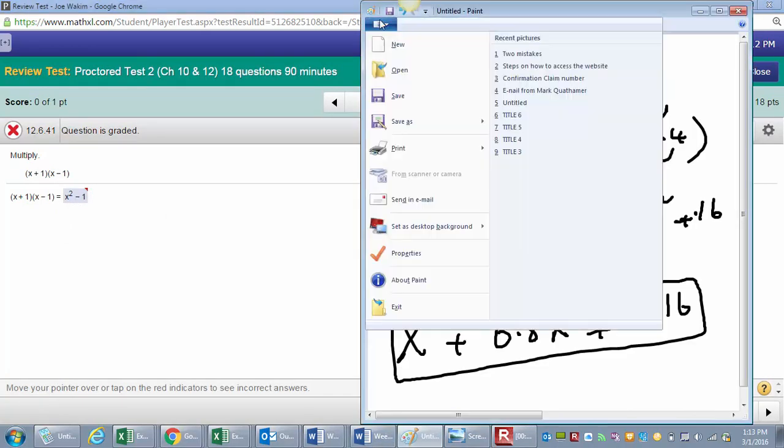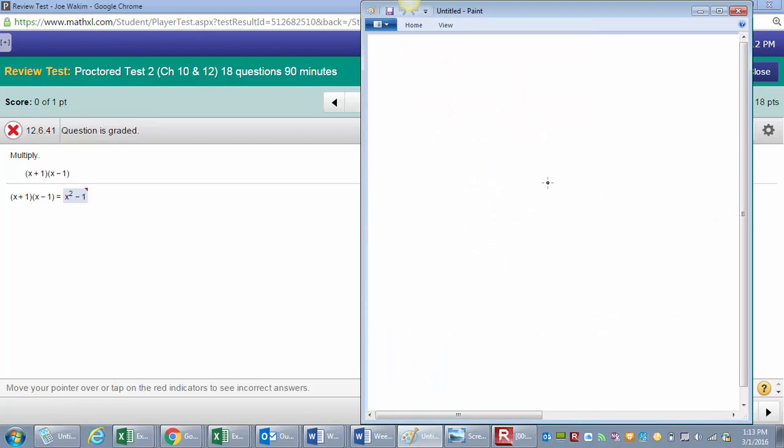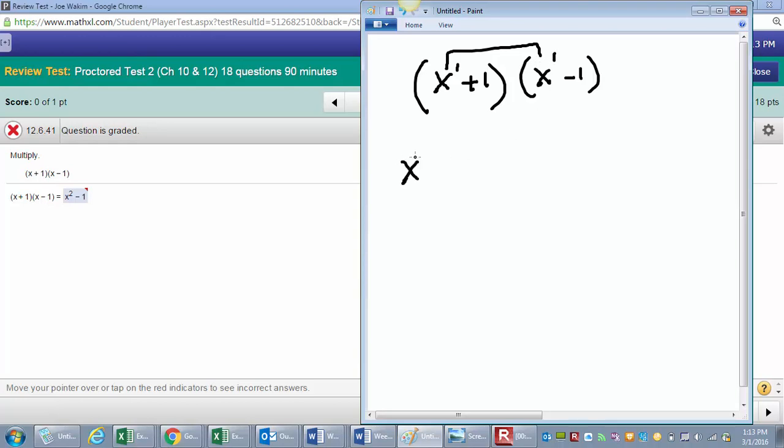All right, let's FOIL again. Let's try to FOIL x minus 1 times x plus 1, or x plus 1 times x minus 1. This is a pattern. It's the difference of two squares. Because x times x, you add the exponents, it would be x squared. X times negative 1 would be negative 1x. 1 times x would be 1x.